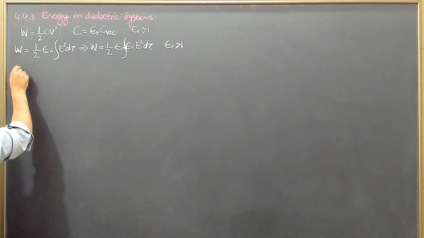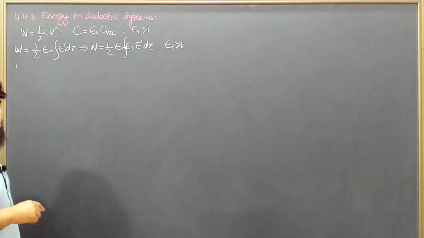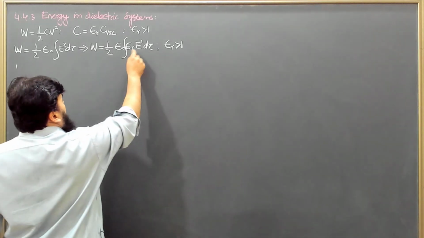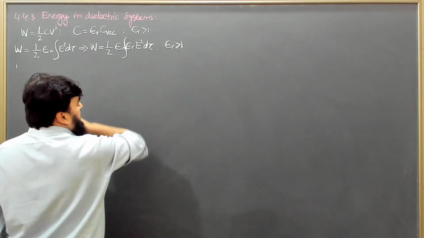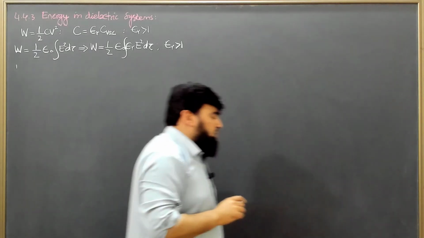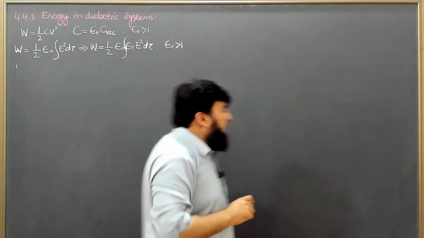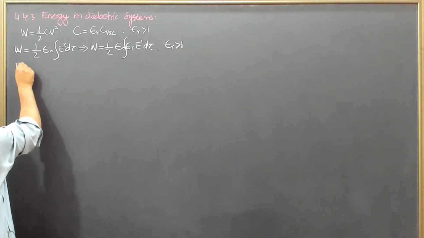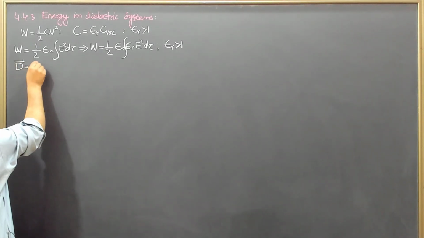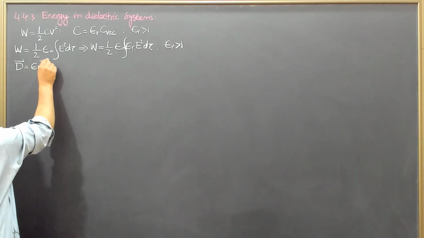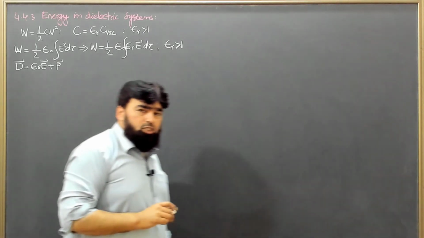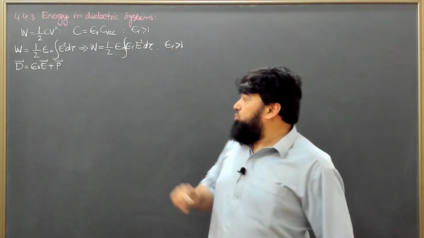We will have to explore the concept of bound charges, because when a dielectric comes into action, bound charges come into action, and that changes the electrostatic system energy. So we will have to incorporate D here, because D is epsilon naught E plus P. It accounts for the polarization.